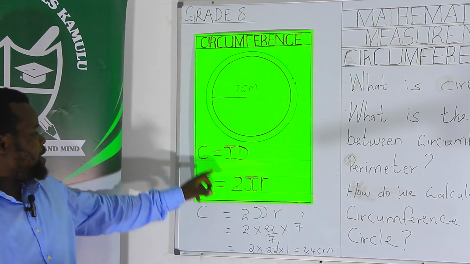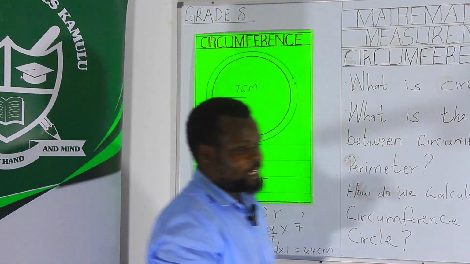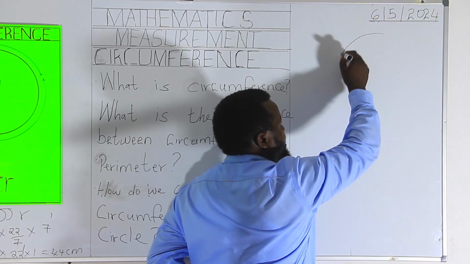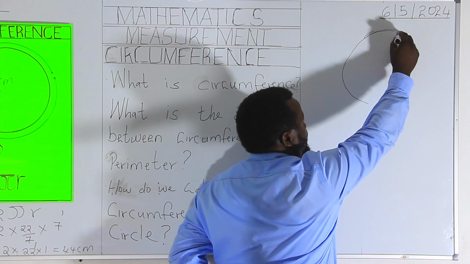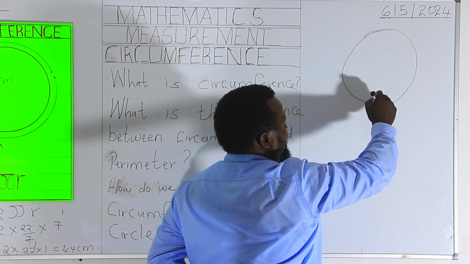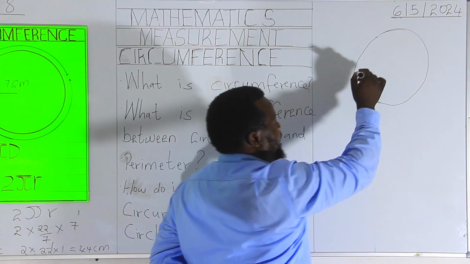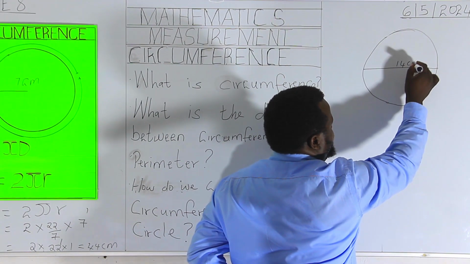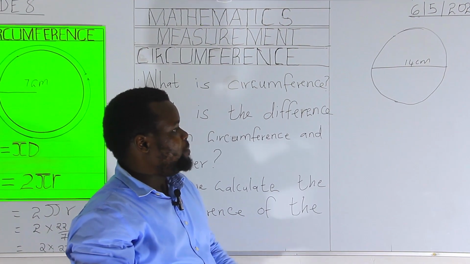Let us also try when we have the diameter. I will draw a circular figure, though not perfect, and I will have a diameter of 14 centimeters.